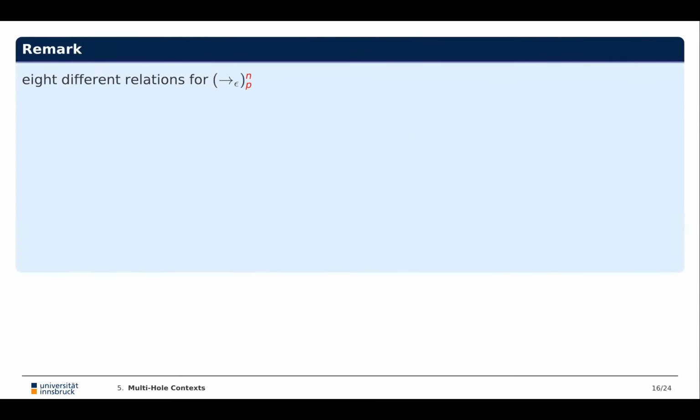So if we look at an example here for the root step relation, we get 8 different relations. It's not 9, and we'll see that in a moment. The most obvious one, if we restrict to the root position and have at most one or exactly one hole, then this just stays the root step relation.